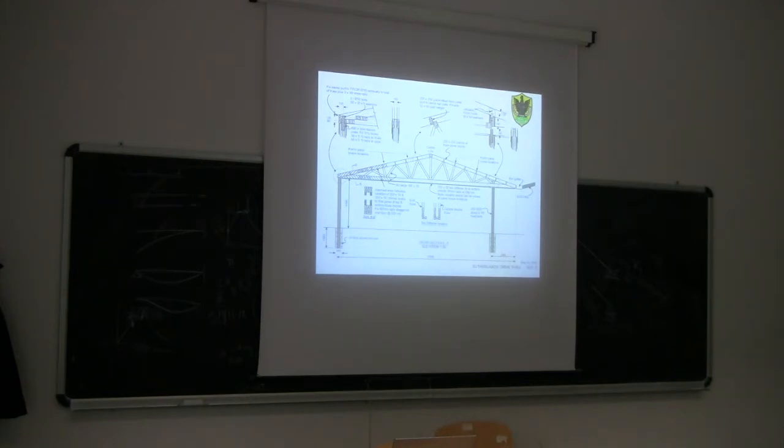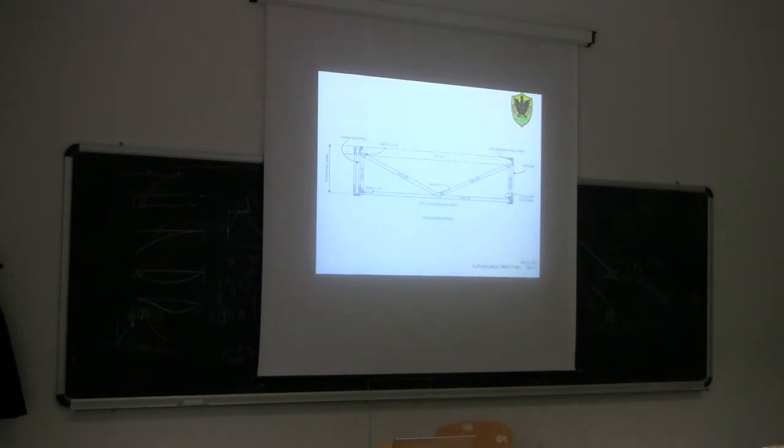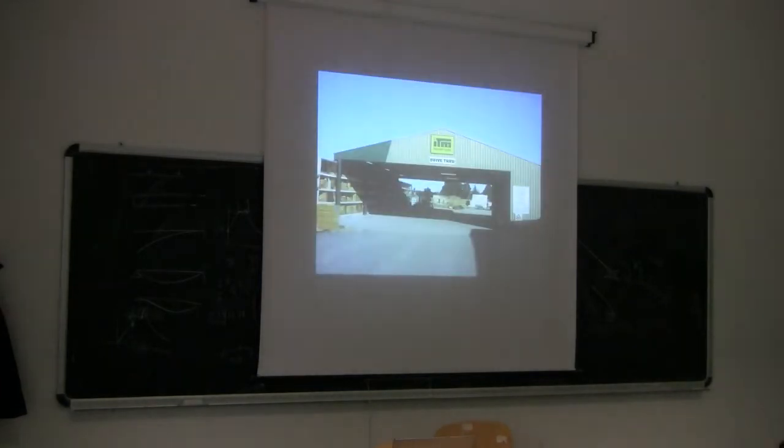If we want to prevent this out-of-plane buckling, it's very crucial to provide some lateral restraint. One way to provide lateral restraint is to have some truss system that runs perpendicular to the plane in order to make sure that those main trusses cannot buckle out of plane. So those are the perpendicular truss systems.